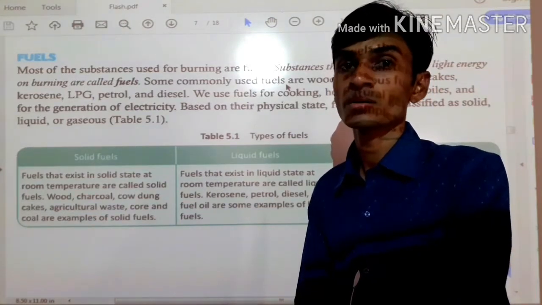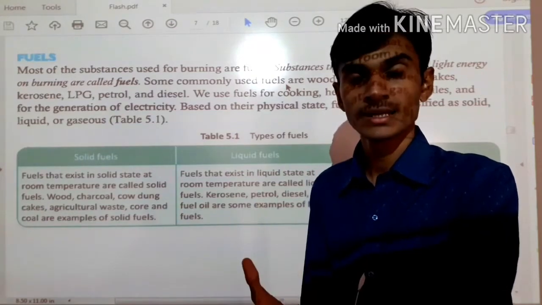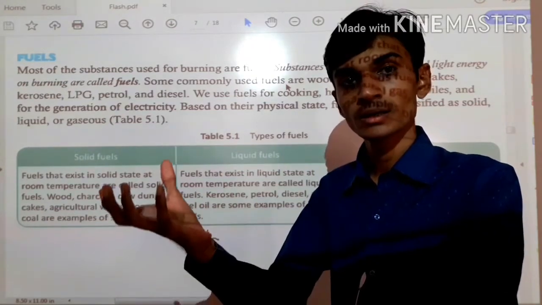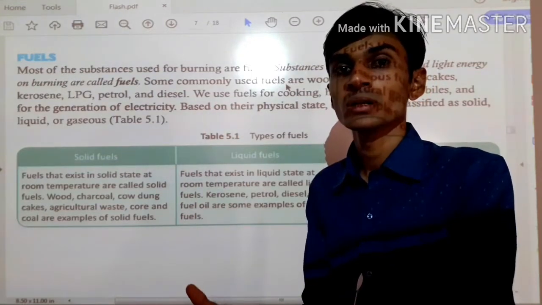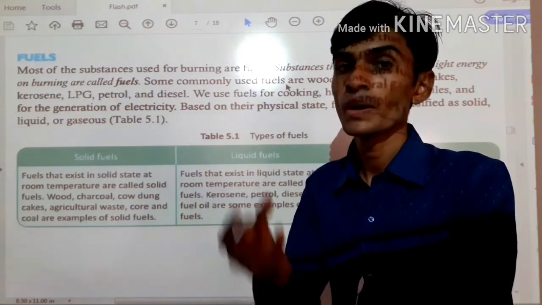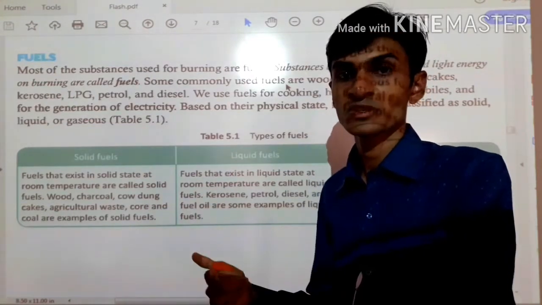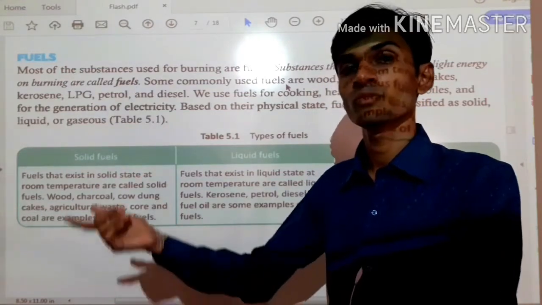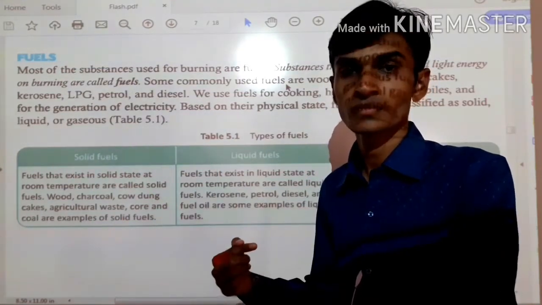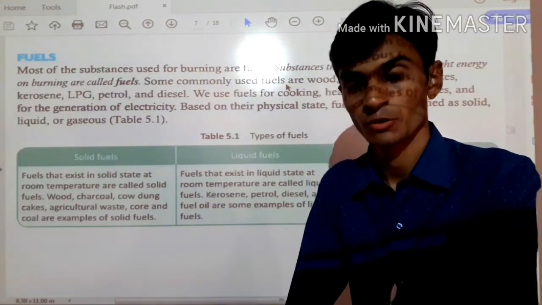When coal burns, it releases heat energy and gives it to the boiler. In the boiler, what happens? The pressure of vapor builds up, and steam is generated, right? That means electricity will be generated by the turbine, and it produces the electricity that comes to our home. Okay, that was for the generation of electricity.